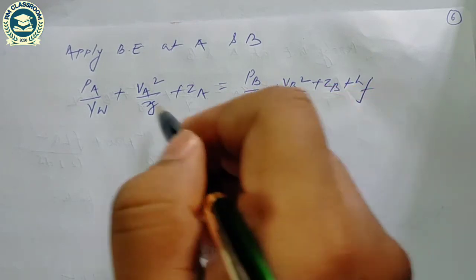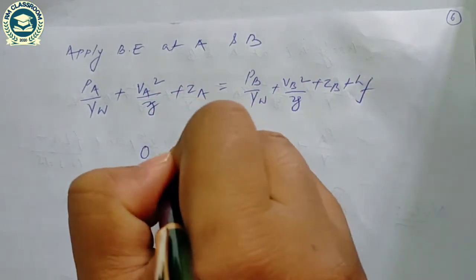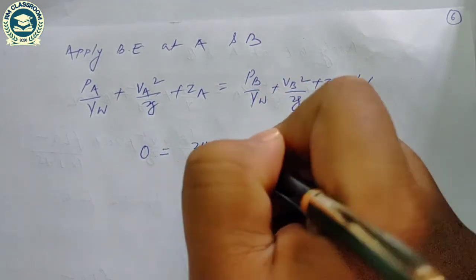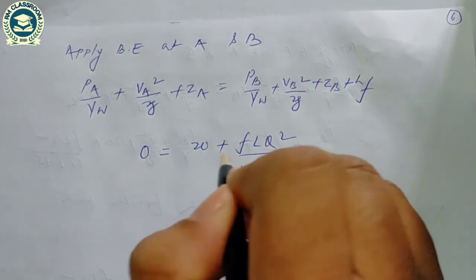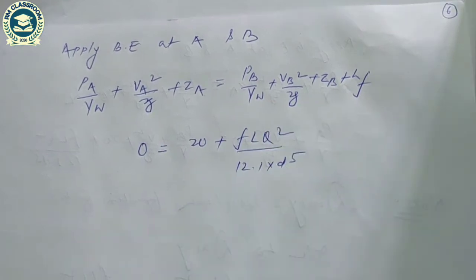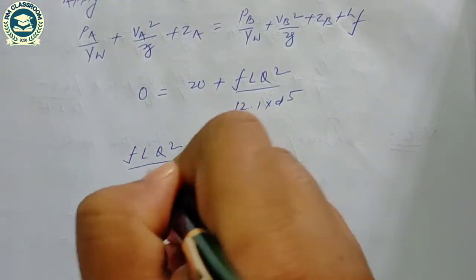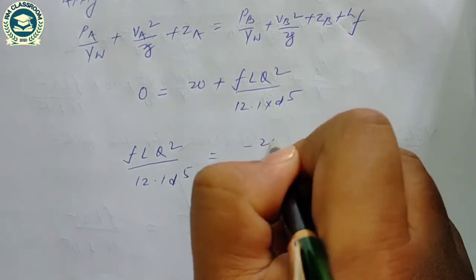The pressure terms cancel, VA equals VB, and ZA is 0, so 0 is equal to 20 plus FLQ square divided by 12.1 D5. So FLQ square divided by 12.1 D5 is equal to minus 20.